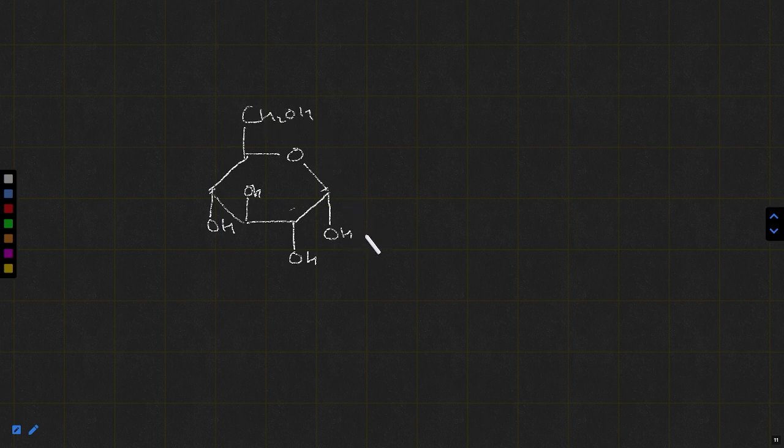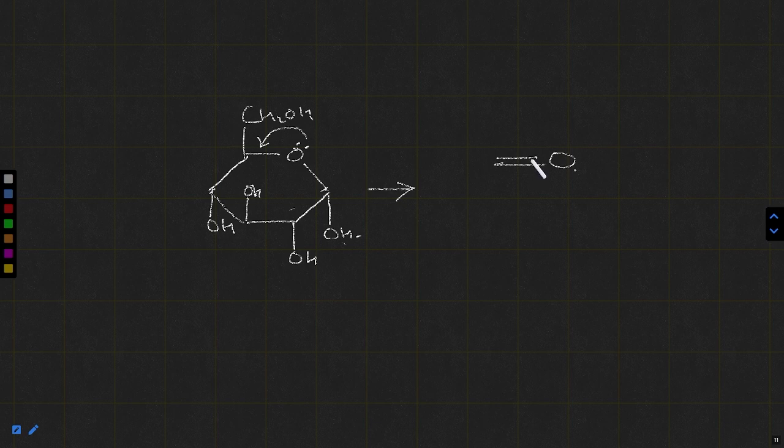Now if we just put water in it, first of all what will happen? The H here will be protonated with the little amount of H plus facilitated by water. Now what will happen? This will move here.